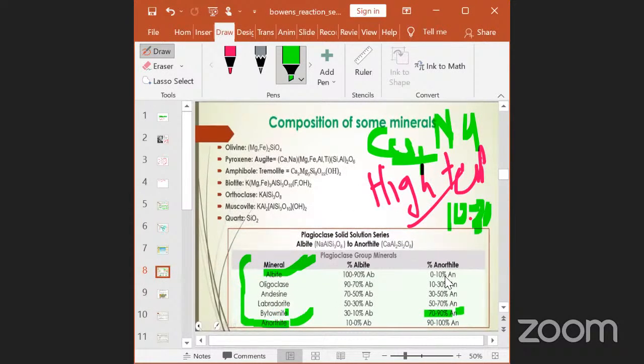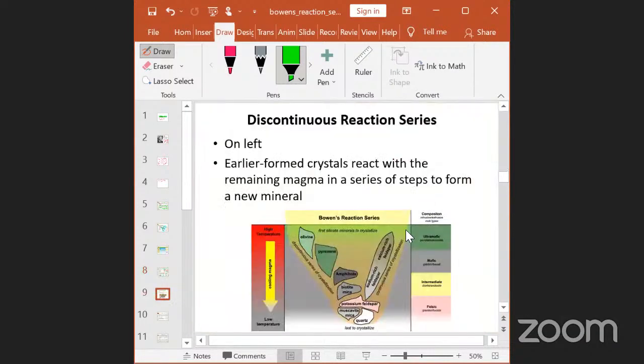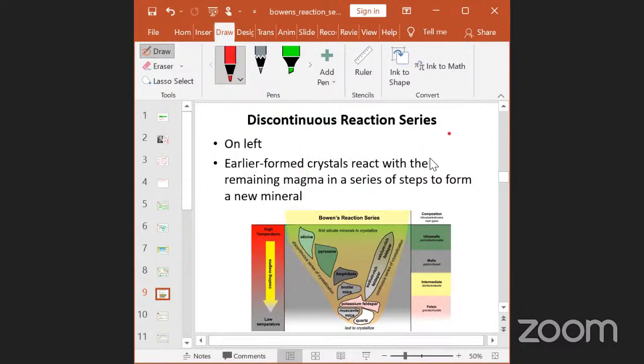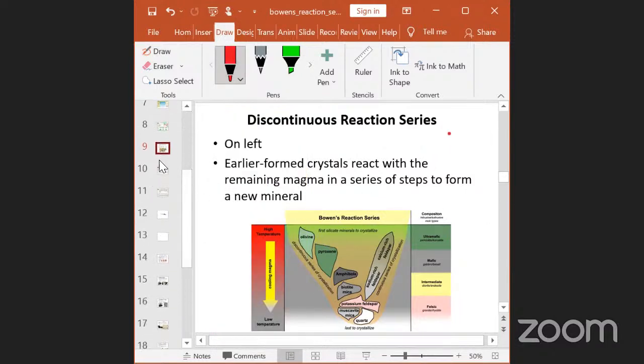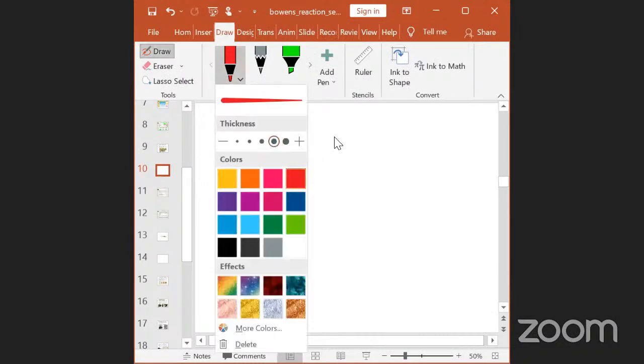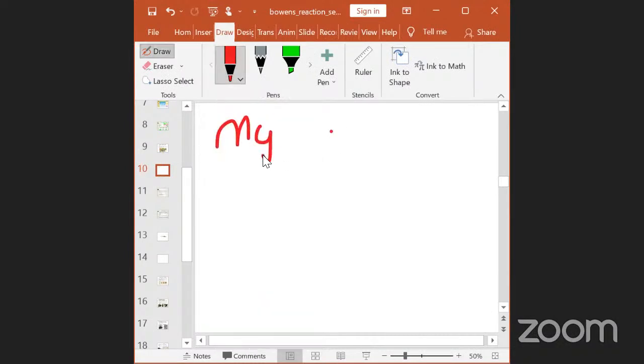Now the minerals of the discontinuous branch, up to biotite, like olivine, which is a mineral of magnesium and iron and contains very little silica.